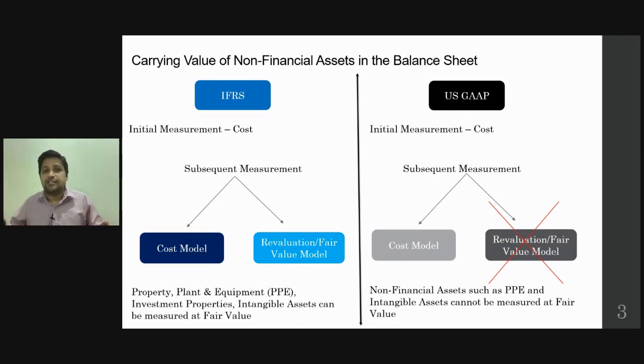However, in US GAAP, fair value accounting for non-current assets such as property, plant, and equipment and intangible assets is strictly prohibited. Therefore, in US GAAP, entities need to account for their non-current assets at historical cost minus accumulated depreciation or amortization less impairment losses.